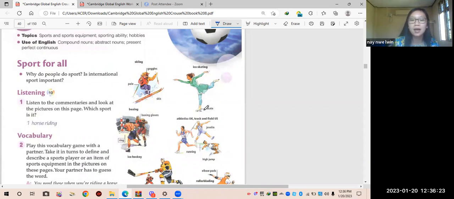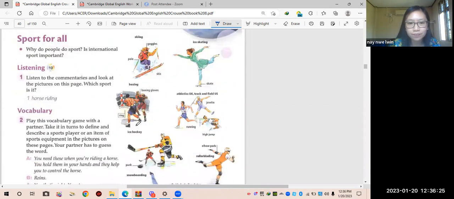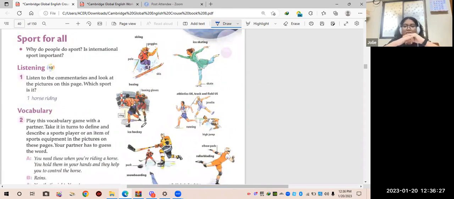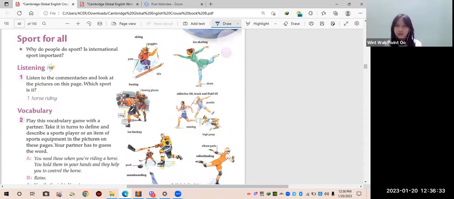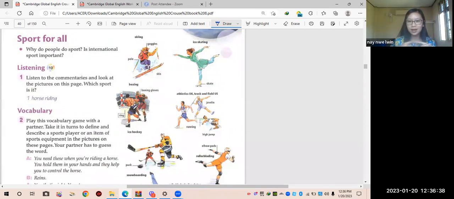And how about that one? Boxing, yes. And what is the ring here? The place, the area, so they can exit from the area. That is the ring, right? And boxing gloves, they have to wear the gloves, right? And how about athletics?